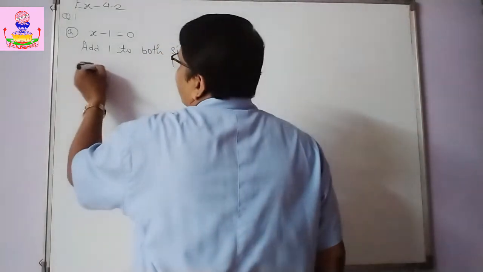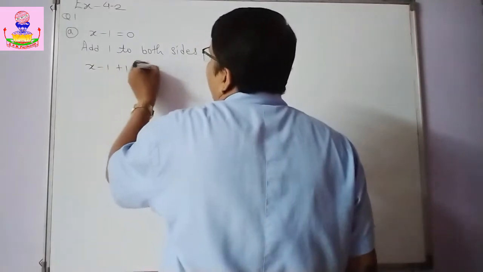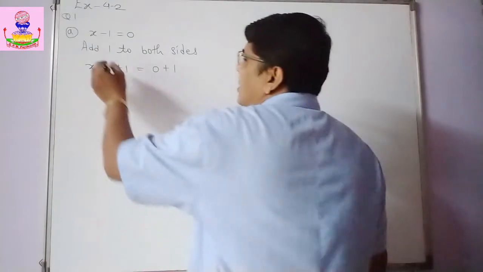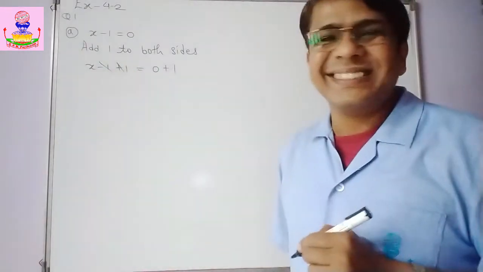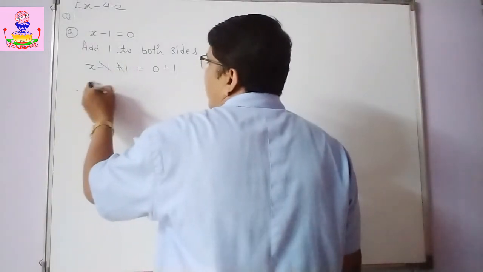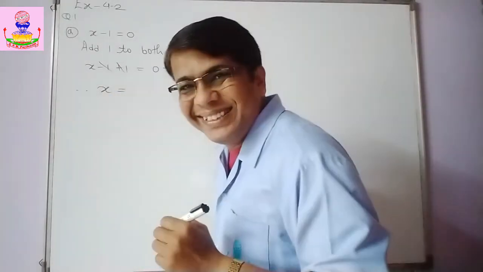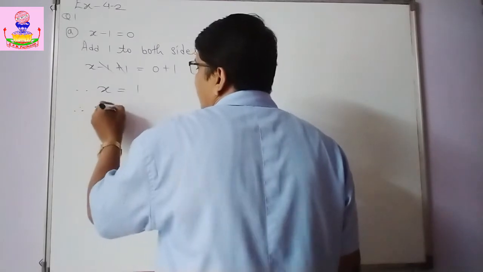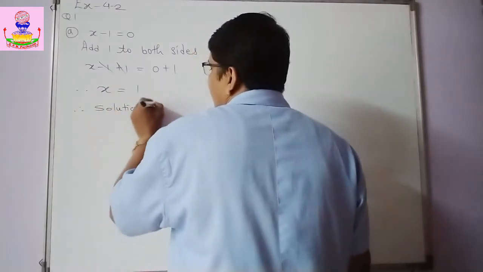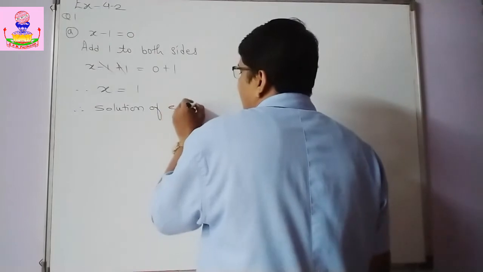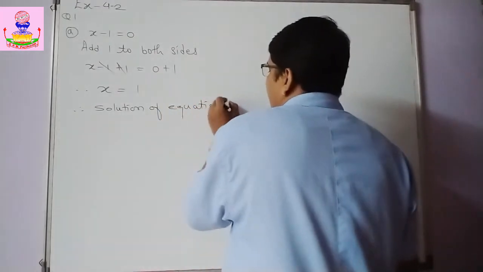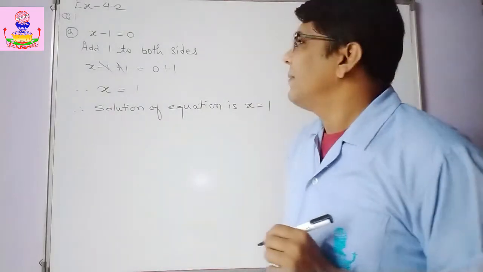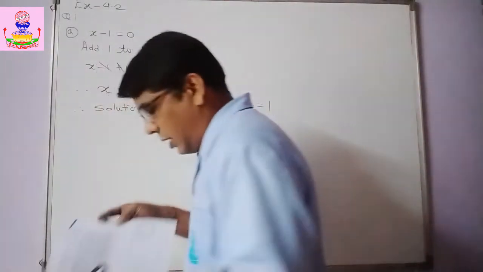So x minus 1 plus 1 is equal to 0 plus 1. Now minus 1 plus 1 is 0, cancelled. So x is equal to 0 plus 1, yes, 1. So the solution of the equation is x is equal to 1.